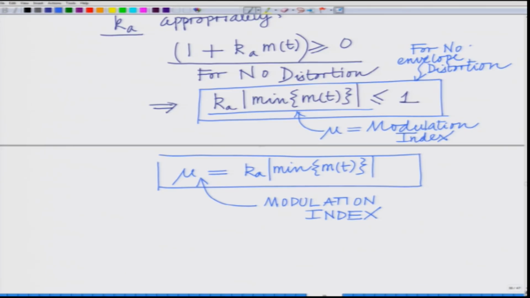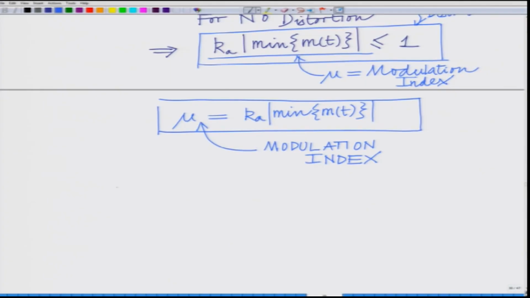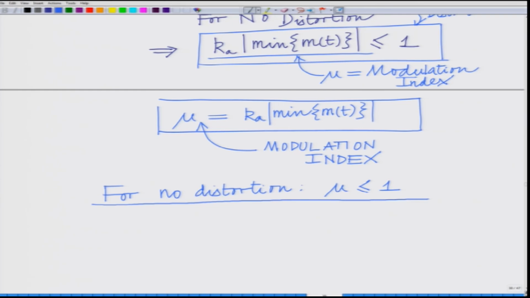Now, for no envelope distortion, mu is less than or equal to 1, correct. Mu has to be less than or equal to 1 for no distortion. If mu is greater than 1, then there is going to be envelope distortion, the carrier is said to be over modulated.